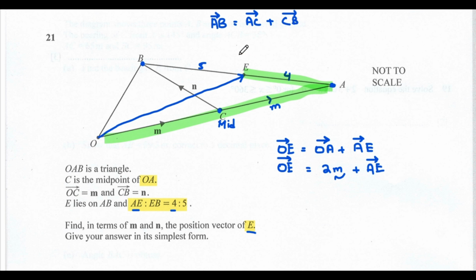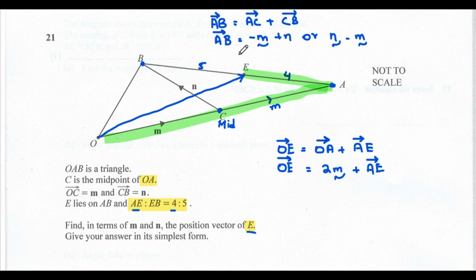Now what is AC? AC would be negative M because it is going opposite to the arrow. And CB is plus N. Now I can arrange it for better calculation. I'll write it as N minus M. So we have got AB.